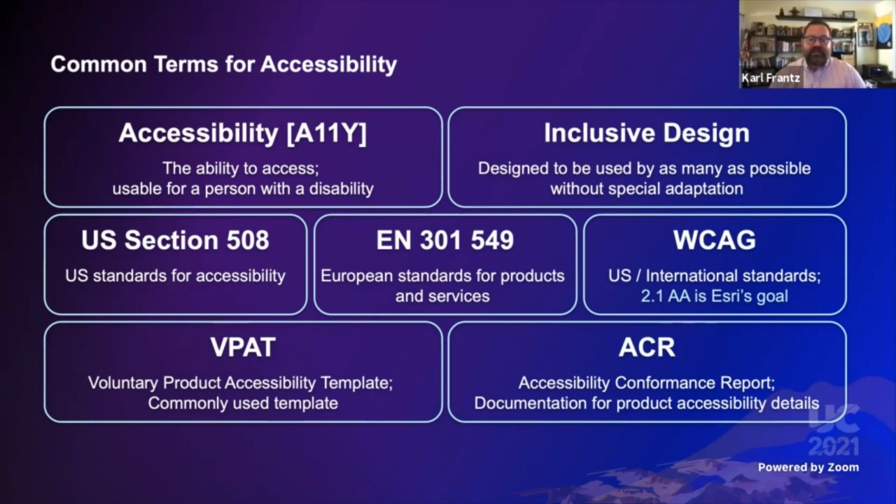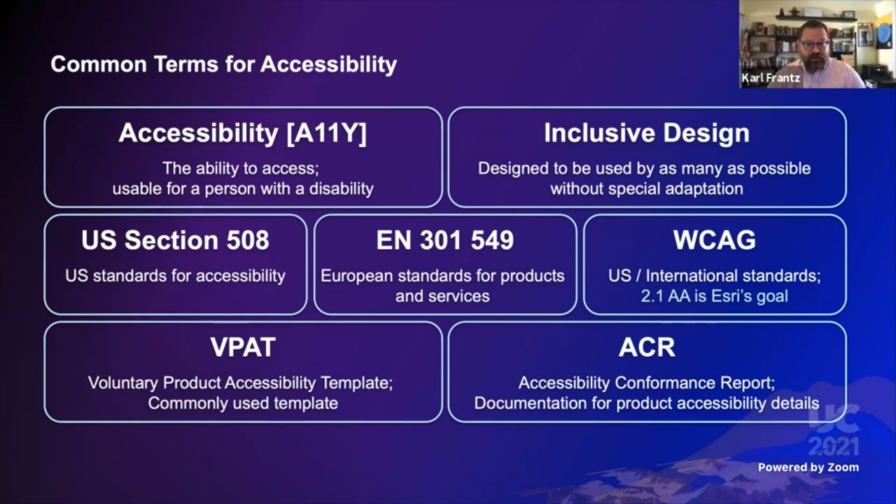So inclusive design is simply using the design process to eliminate barriers for users of all types without special adaptations. Section 508 are the official accessibility standards within the US, while EN 301 549 are standards for digital products and services in the EU. WCAG, or WCAG, stands for Web Content Accessibility Guidelines, and these are used worldwide to define the conformance level of digital properties.